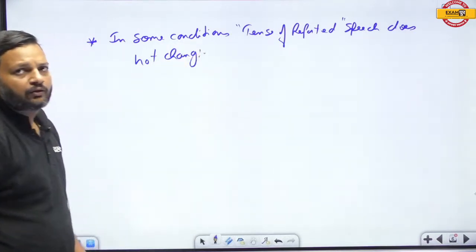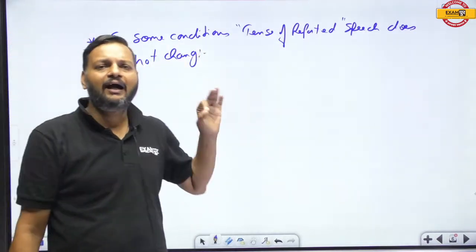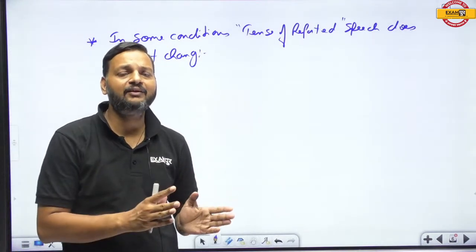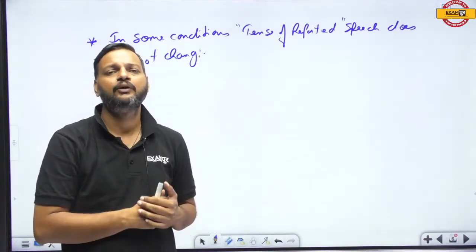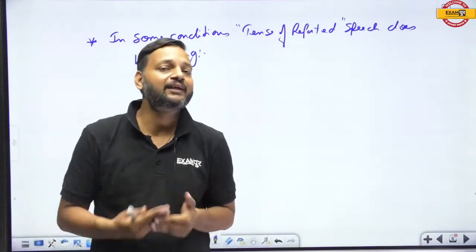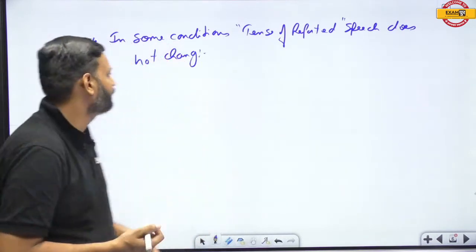In the previous slide I told you how to change the tense of a direct sentence while changing it into indirect, but there are certain conditions where we cannot change the tense. And what are those conditions?